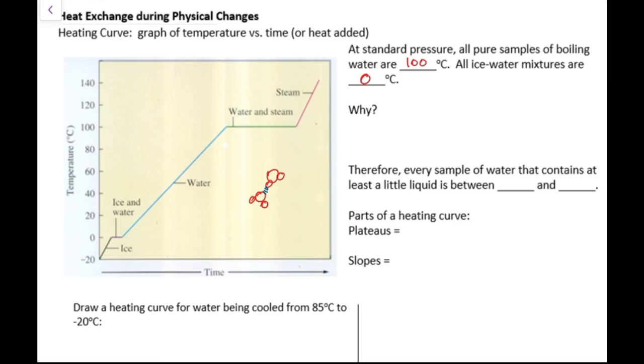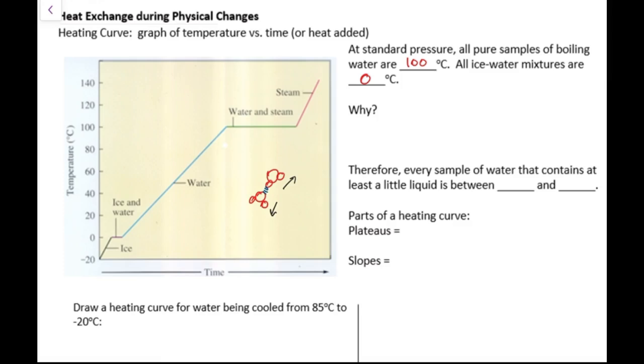And as I leave it out at room temperature and heat is added, these particles, which were just vibrating back and forth in place, start to gain enough kinetic energy that they will melt, which just means that they can break apart from each other. Maybe not directly in opposite directions, but they can at least break free of the hydrogen bonds enough so that they can start to flow and become a liquid and change positions and flow around each other.